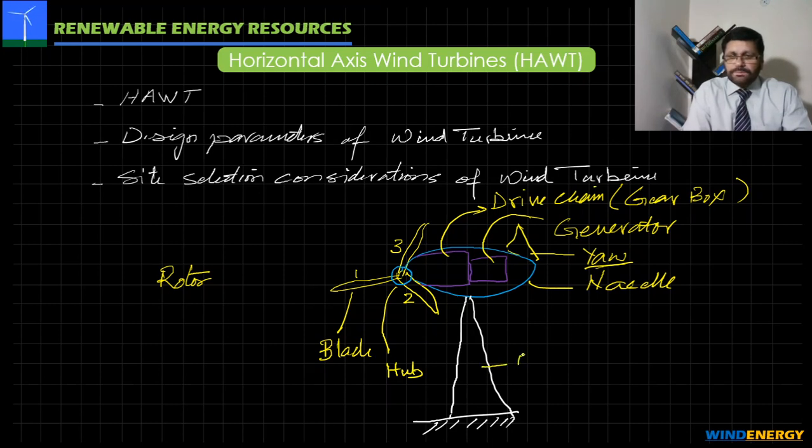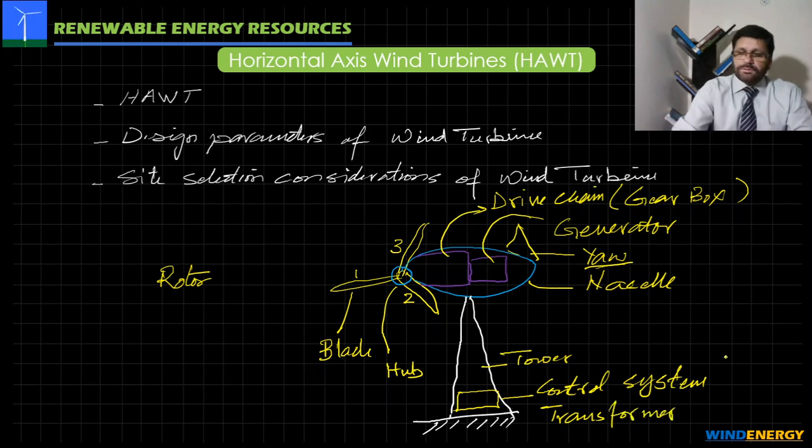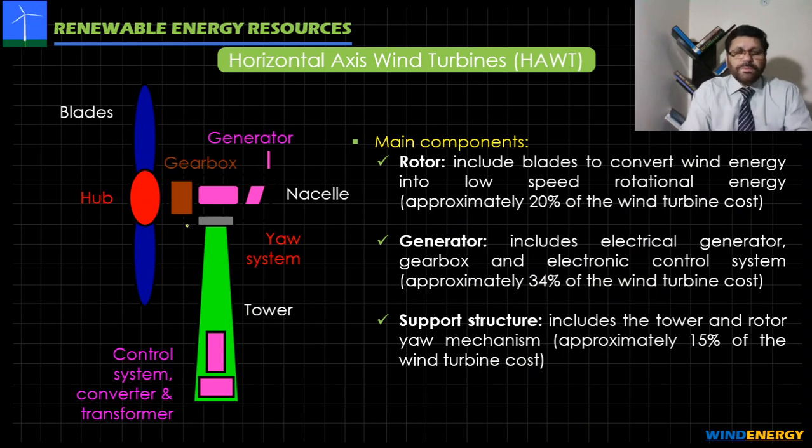This is the tower of the wind turbine, and here we have the control system or the transformer. Now let's look at a better view of this horizontal axis wind turbine, and apparently this appears to be a two-blade wind turbine, one blade and two blades.